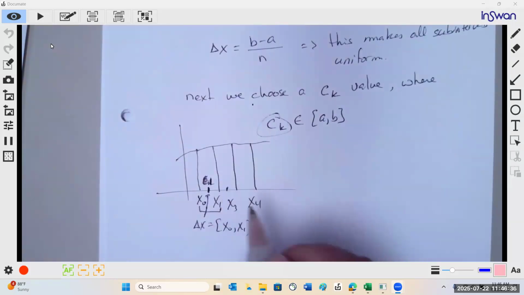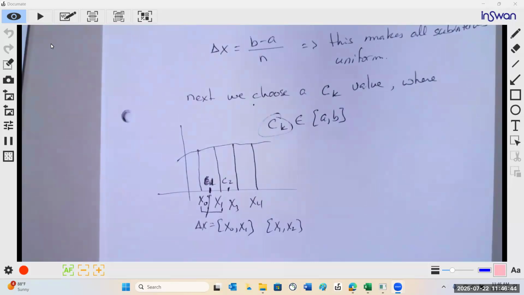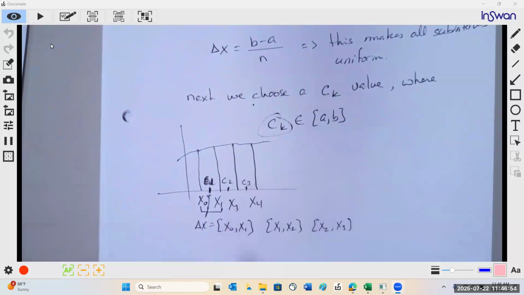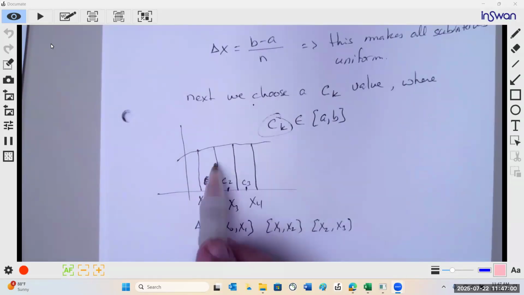Inside the next one, in the next interval between x sub 1, x sub 2, I have C sub 2. And so on and so forth. In the next interval, x sub 2 to x sub 3, I pick another C value, C sub 3, where the subscript represents which rectangle I'm in.